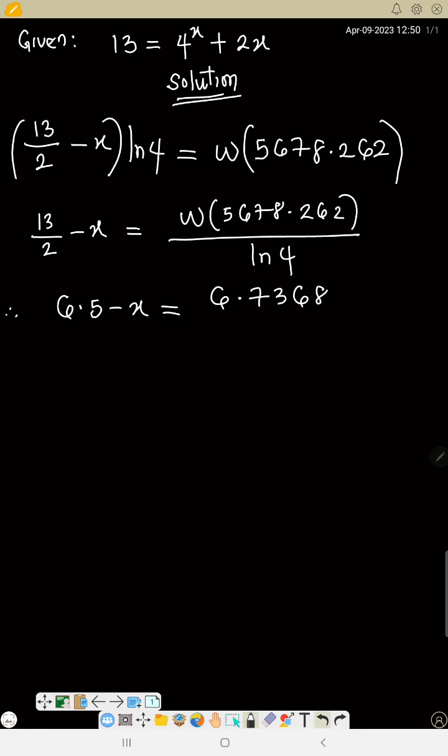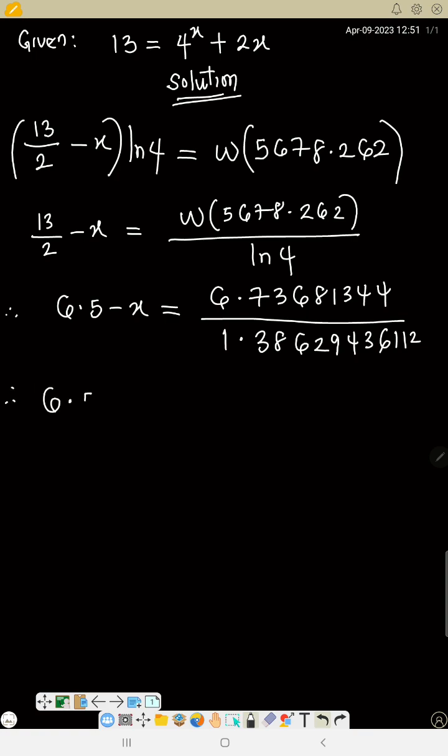Let me get more digits: 6.73681344 divided by ln 4. You have ln in your calculator also, and that is 1.38629436112. You can still approximate, but I want the answer to be at least more exact.